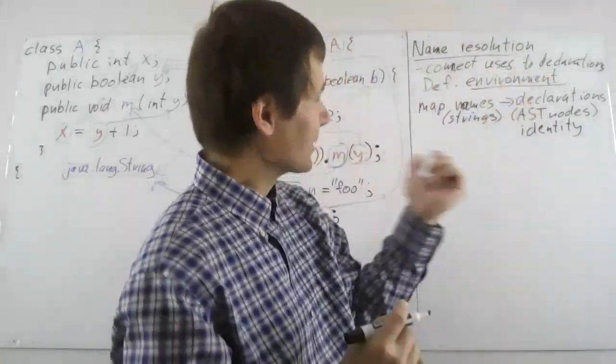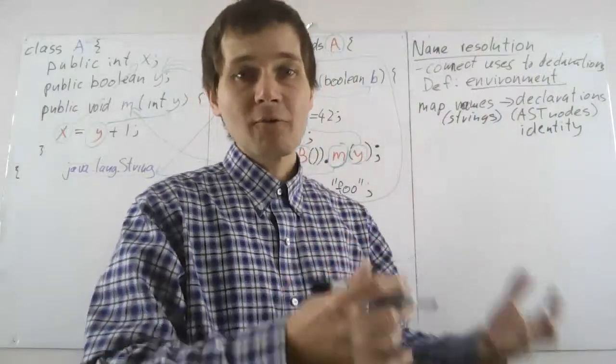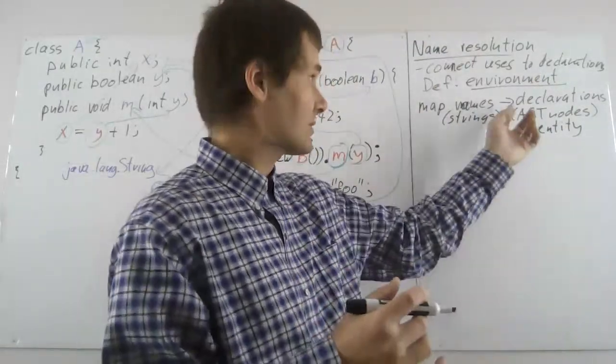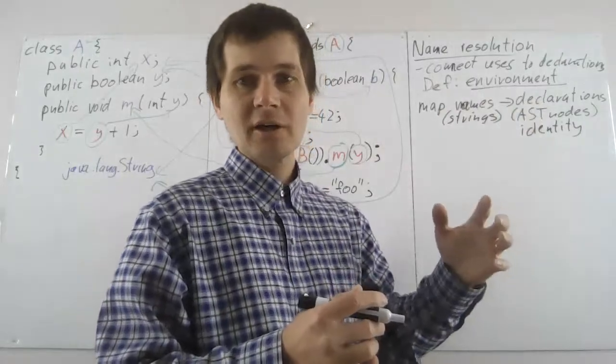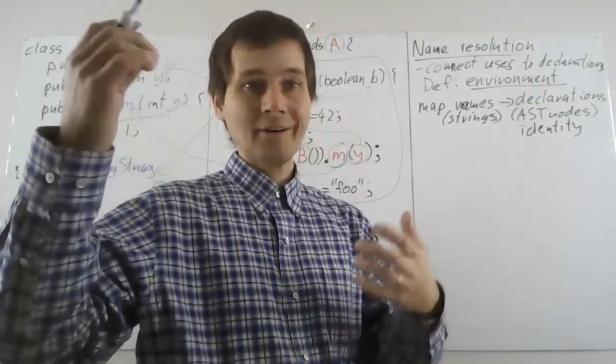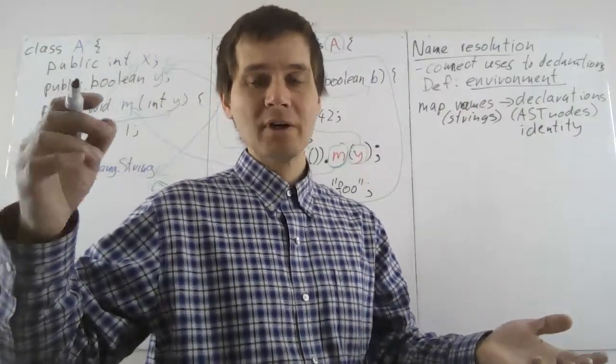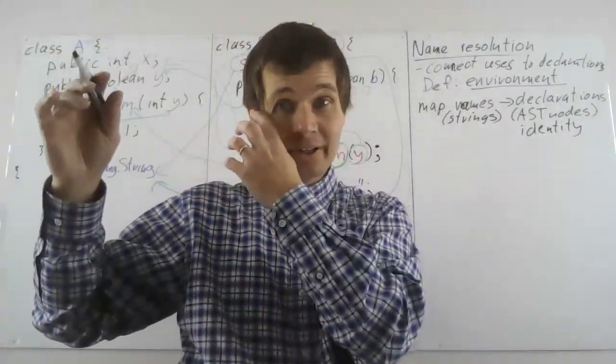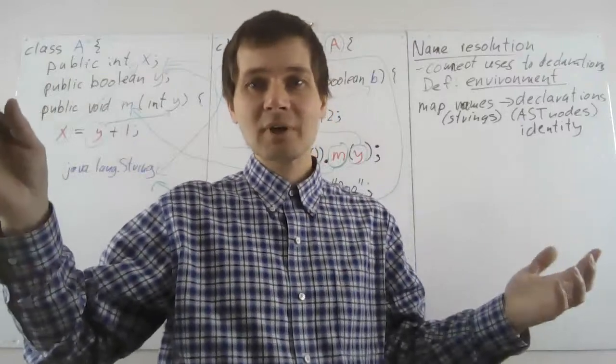And in terms of implementation, one form of identity is the AST node of the declaration, right? If each concept is declared exactly once in your program, which is the case for Java, but not the case for some languages.